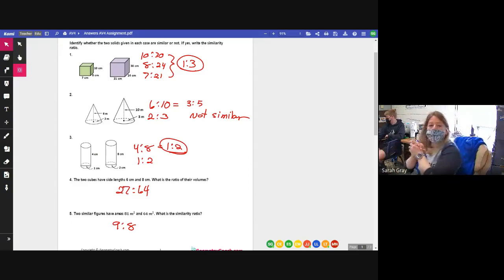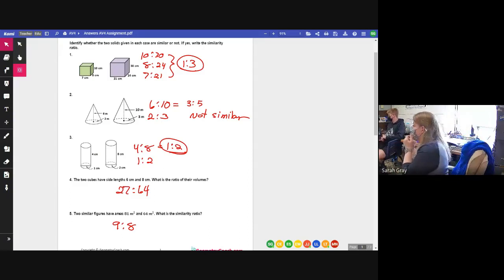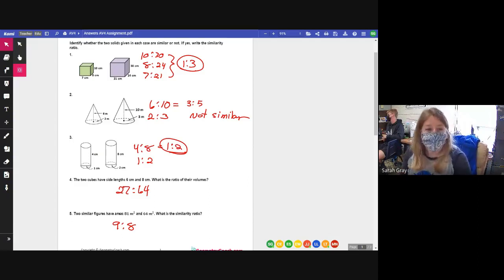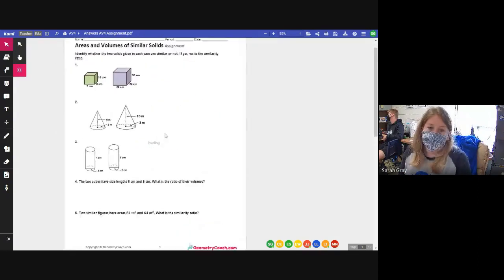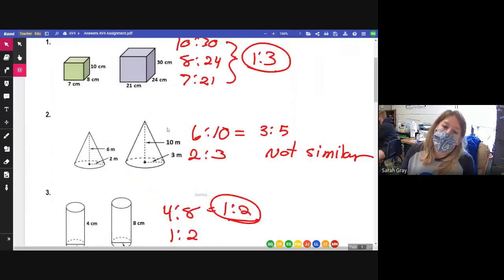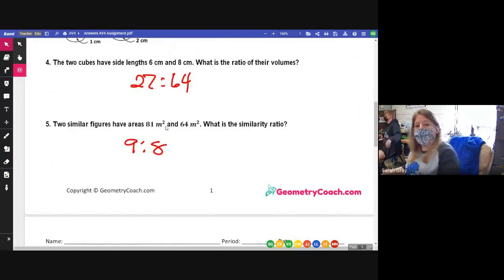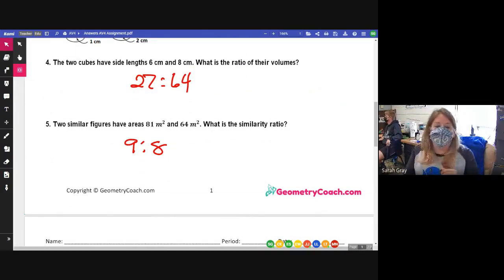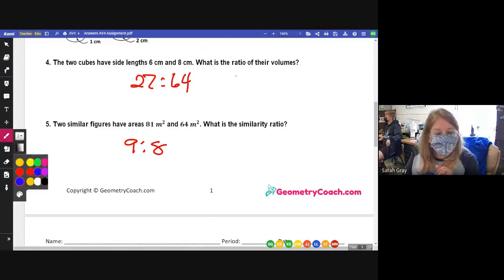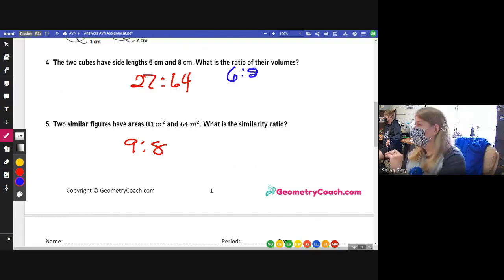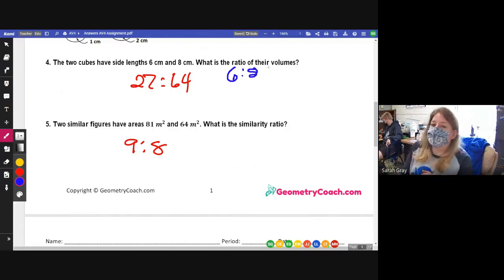Any questions on this homework assignment so far? Number 4. The 2 cubes with side length 6 and 8, what is the ratio of their volumes? So the side ratio is 6 to 8. You may have gotten an answer that is still correct, it's just not as simple as mine.